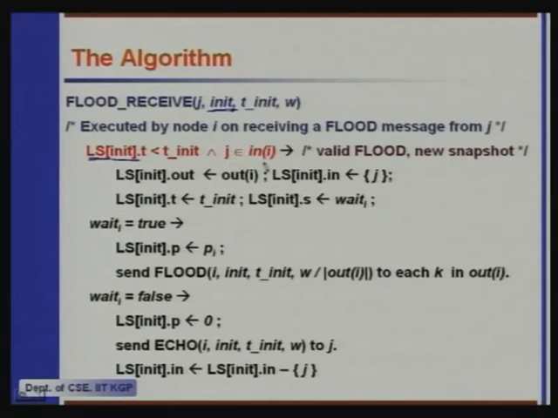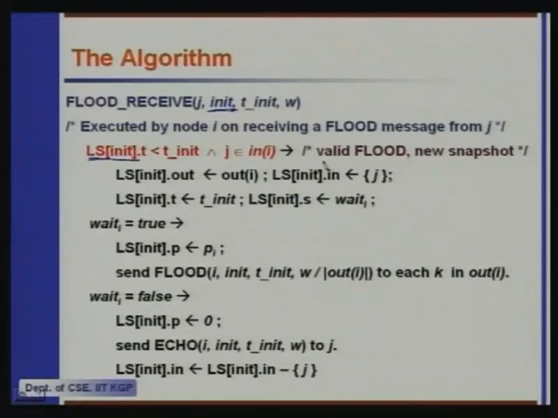J belongs to in I means that it is in the set of inward dependencies. So, this is a valid flood message because j belongs to in I, and it is a new snapshot because ls init dot t is less than t init, right.